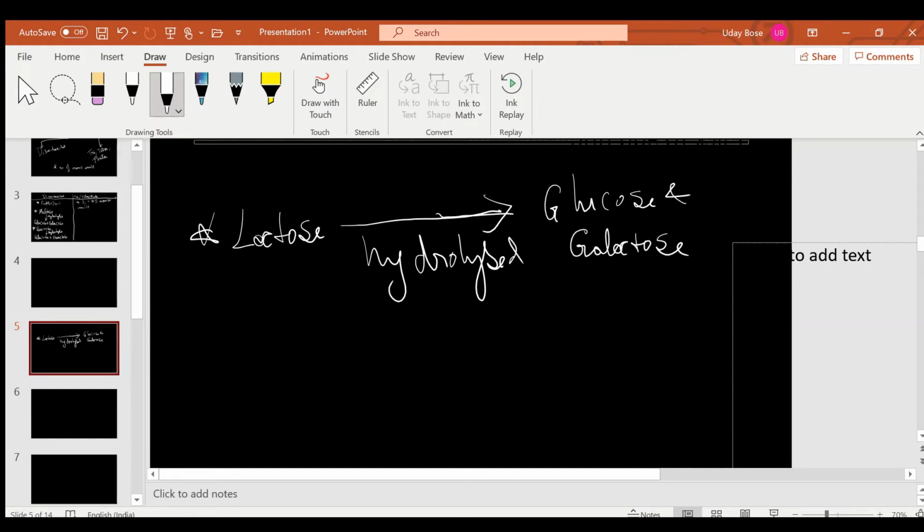So a disaccharide gets its name from how many molecules of monosaccharide we get after hydrolysis.